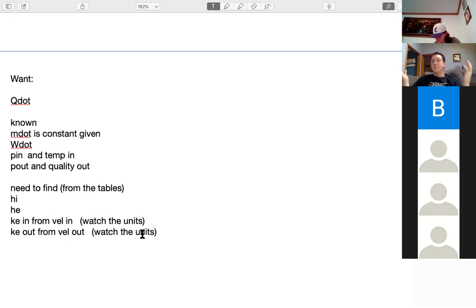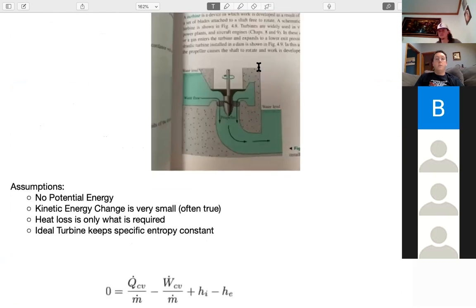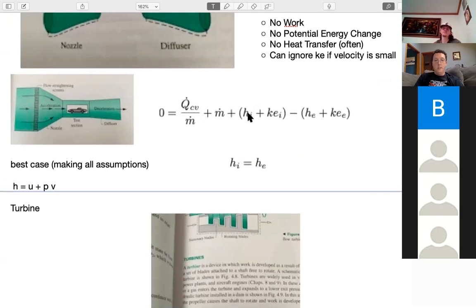They come out in joules per kilogram, whereas the other things come out in kilojoules. So you just got to watch that. Okay, and the key equation we're going to use then is this one.